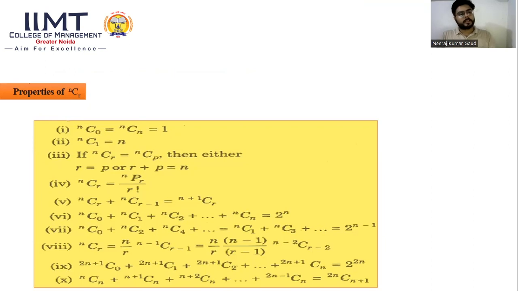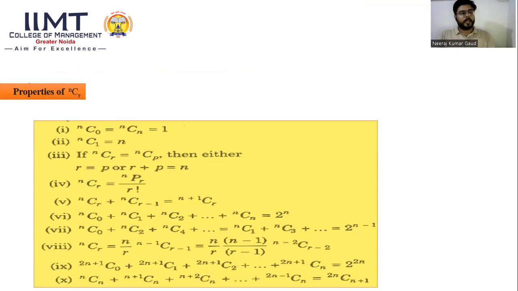Fifth property, nCr plus nC(r-1) comes out to be (n+1)Cr. Sixth property, nC0 plus nC1 plus nC2 plus and so on up to nCn comes out to be 2 to the power n. Seventh property, nC0 plus nC2 plus nC4 plus and so on is equal to nC1 plus nC3 plus and so on, which comes out to 2 to the power n minus 1.